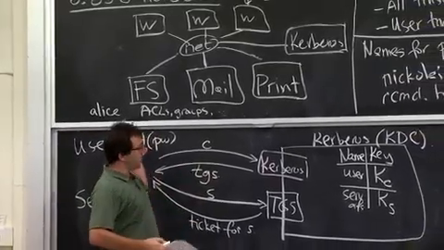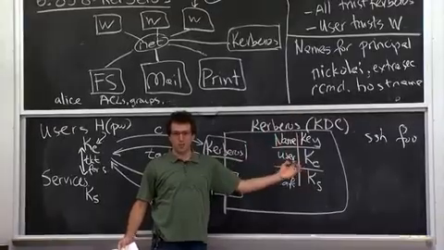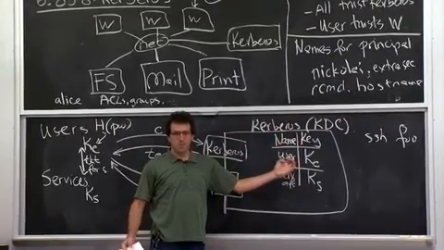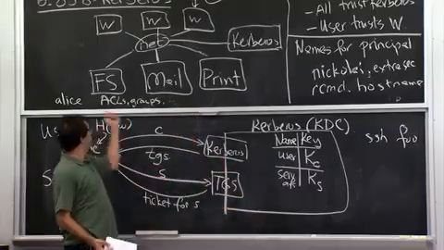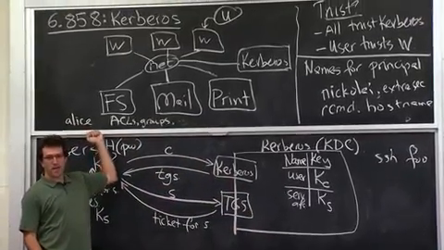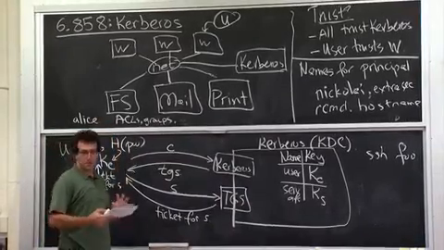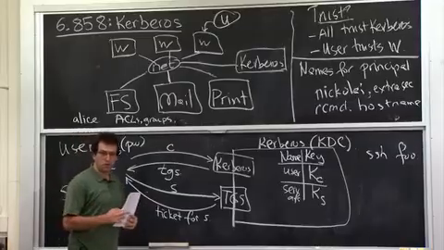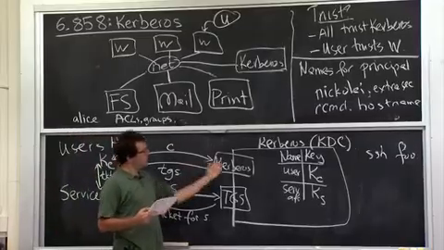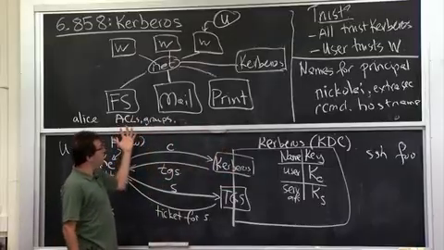And if this Alice graduates and her entry gets removed, then some new Alice comes along, registers in the Kerberos database, but she gets a principal that looks identical to the old Alice. It's the same string. So all of a sudden, the file server will give the new Alice access to all the old Alice's data. So this is a bit of a complicated process for reclaiming principal names in Kerberos, because there's no real connection or versioning between them. As a result, it's actually kind of hard to reuse principal names.